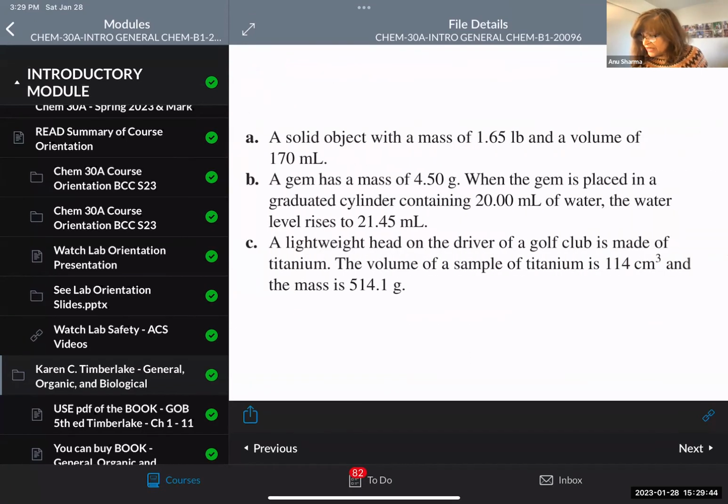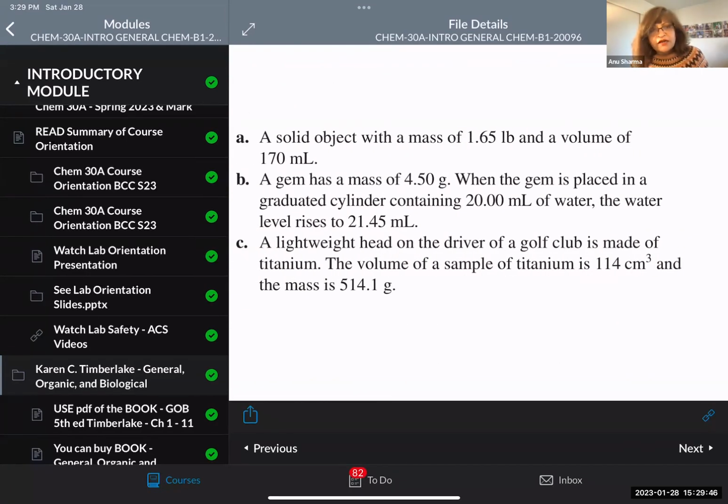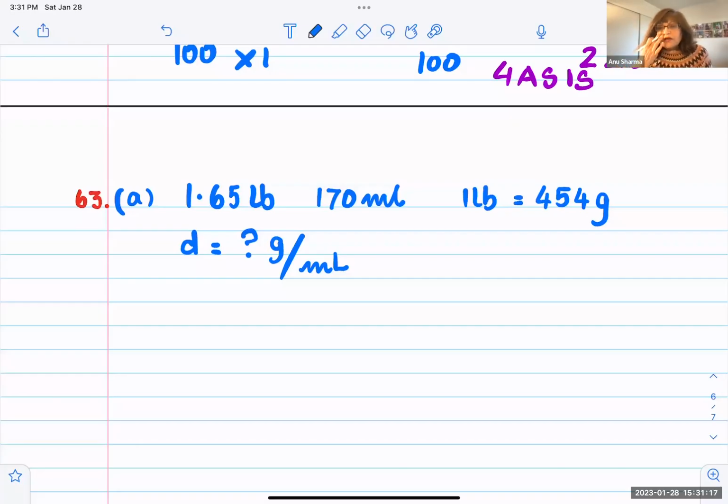So here we are given pounds and the question is asking us to find it in grams. So we are going to convert the pounds to grams first, and then we will do the problem. So let's do it. This is what is given to you, 1.65 pounds, and the volume, 170 milliliters.